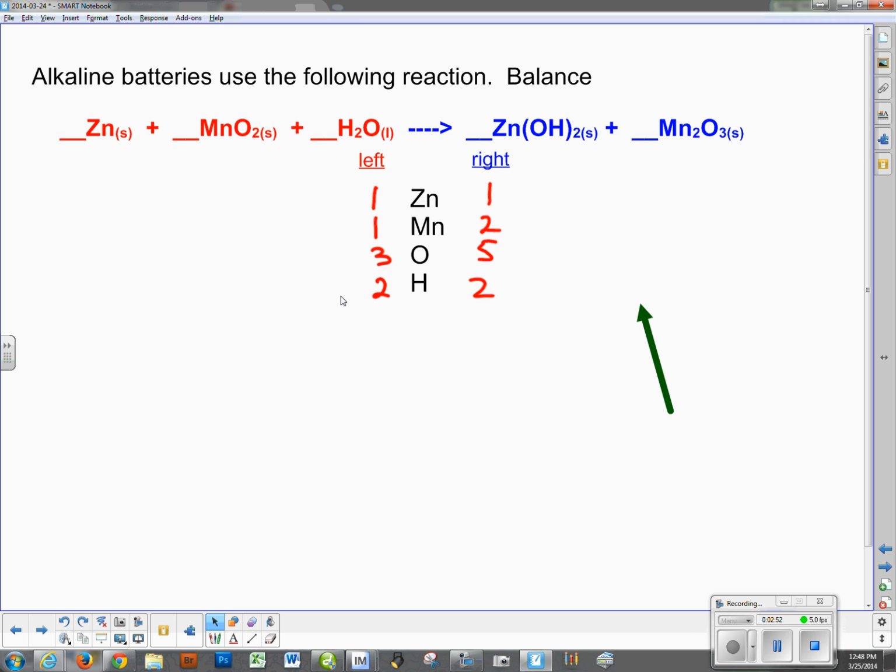So we've got a problem here with getting the oxygens balanced and also the manganese. So let's go ahead and start with the manganese. What do we do? We have 2 manganese on the right, and we need to get 2 here. We can do that with a coefficient. So we just put the coefficient here, and now we have 2 manganese. But what did we do?